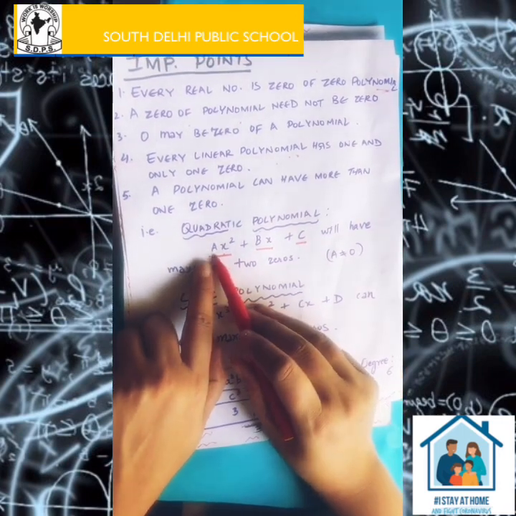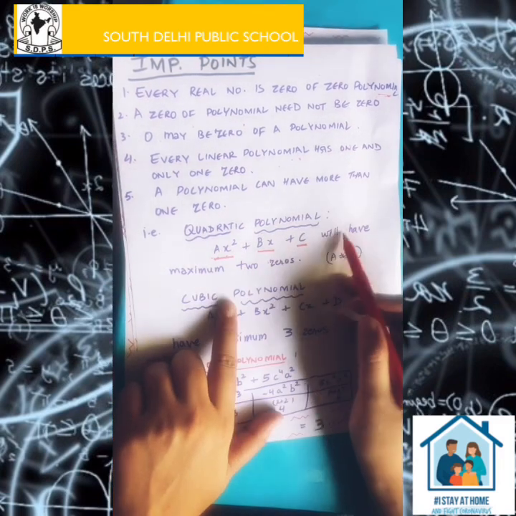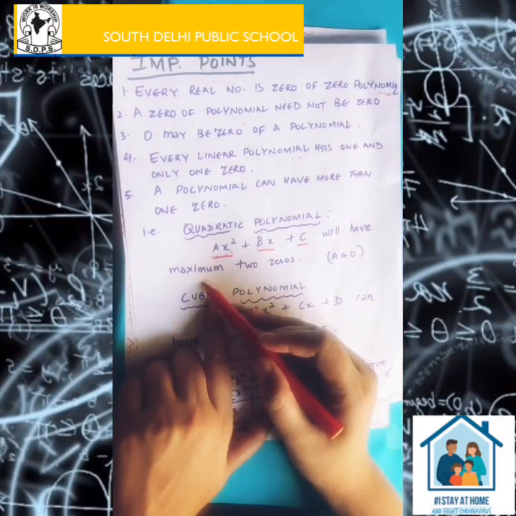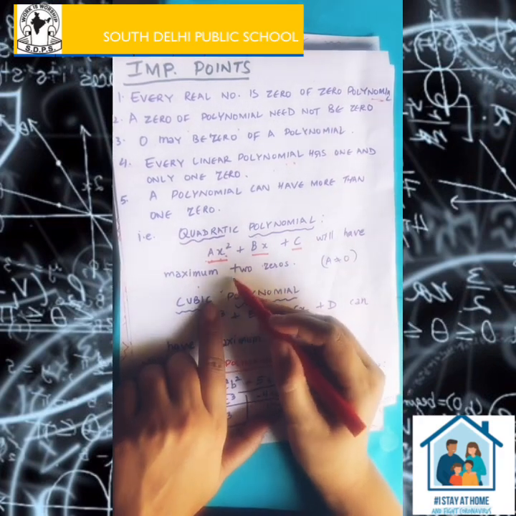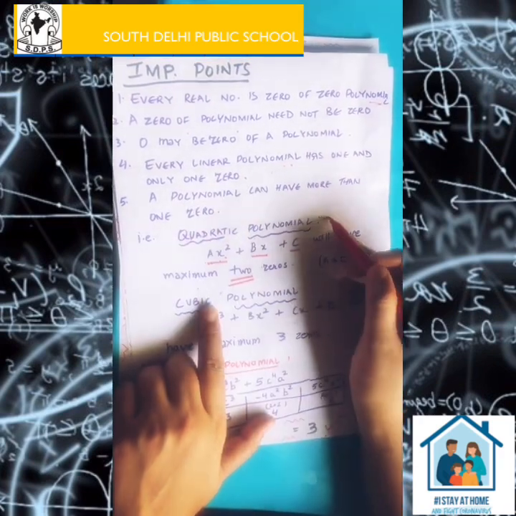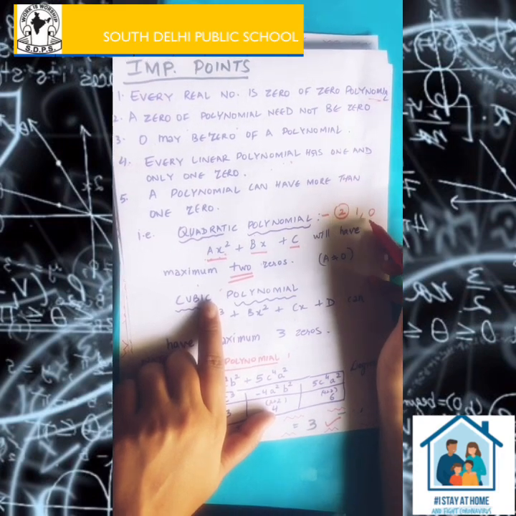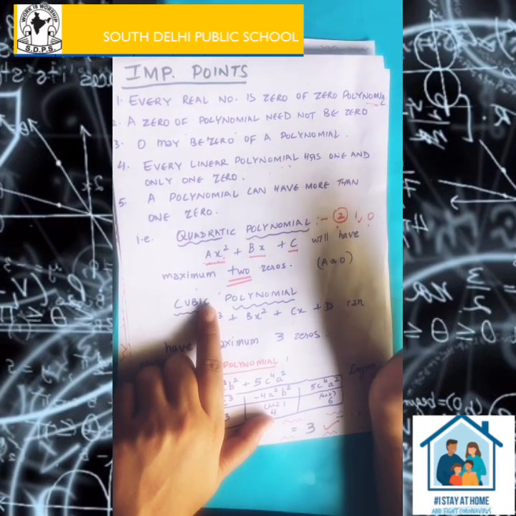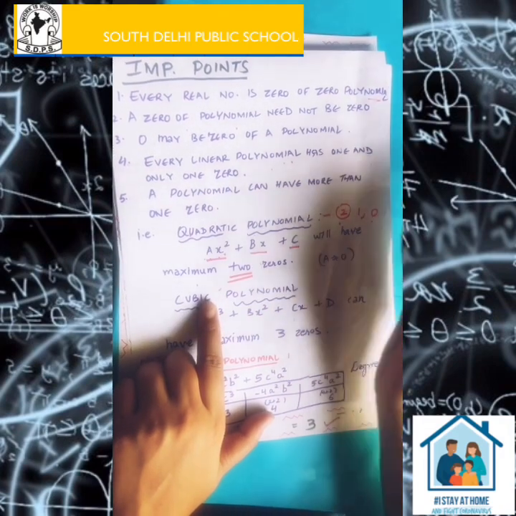Now a can never be 0 because it is a quadratic polynomial. A quadratic polynomial can have a maximum of two zeros. It can have no 0, one 0, or two zeros. A quadratic polynomial cannot have more than two zeros.